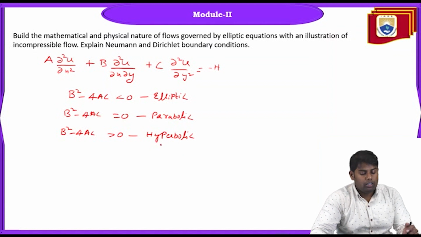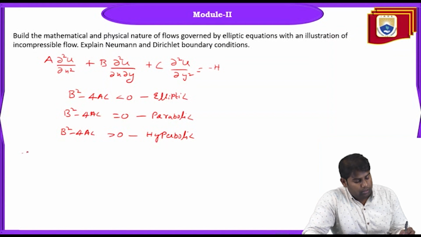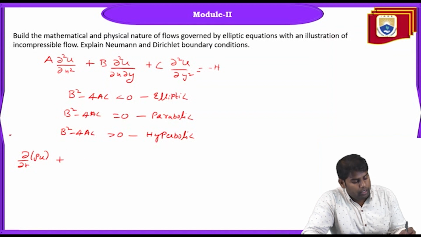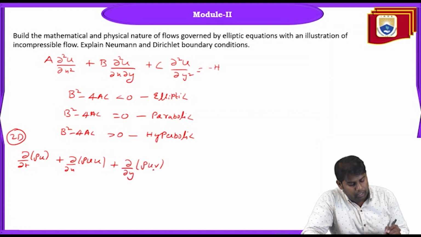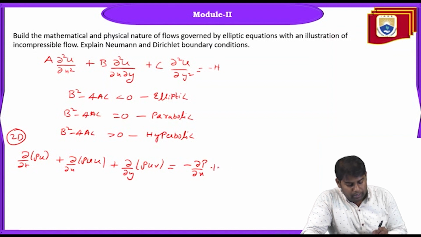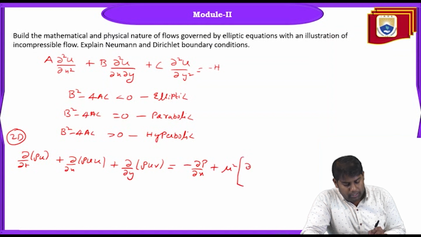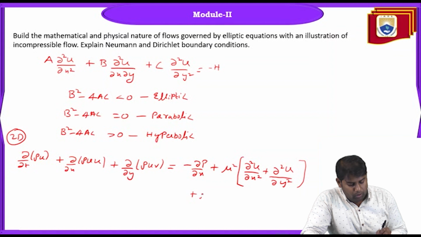Now in the momentum equation, basically dou by dou t of rho u plus, I am writing the 2D equation, dou by dou x of rho u into u plus dou by dou y of rho u into v is equal to minus dou by dou x of p, pressure, plus mu into dou square u by dou x square plus dou square u by dou y square, plus rho g.